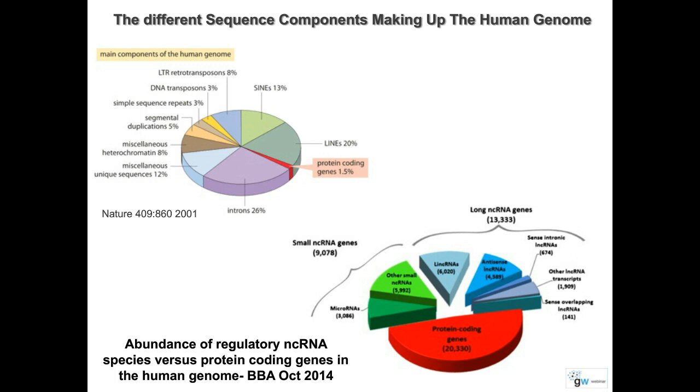And the rest of the sequences, we thought they were junk until the human genome sequencing project was completed, because we don't attribute any functions to those sequences, and therefore they were called junk.